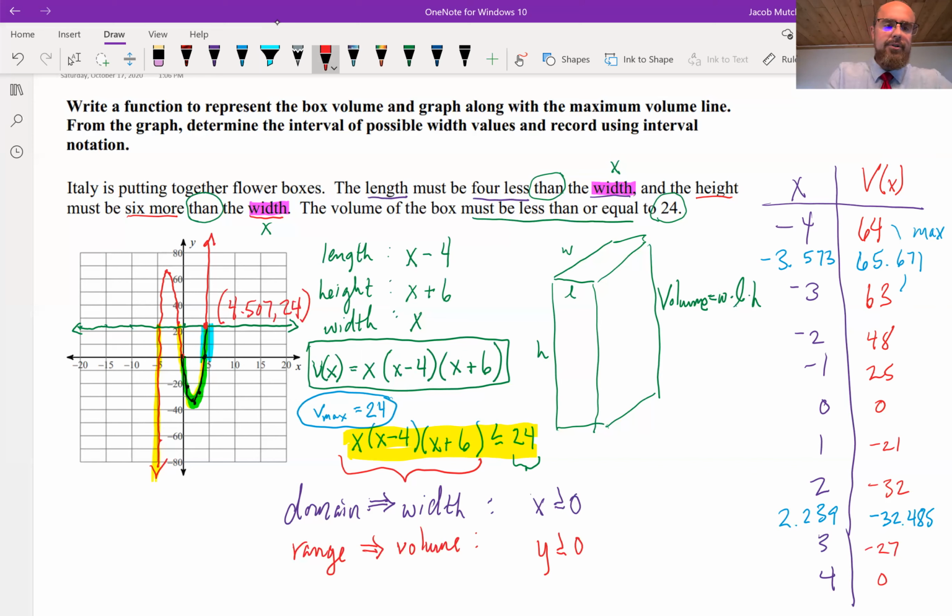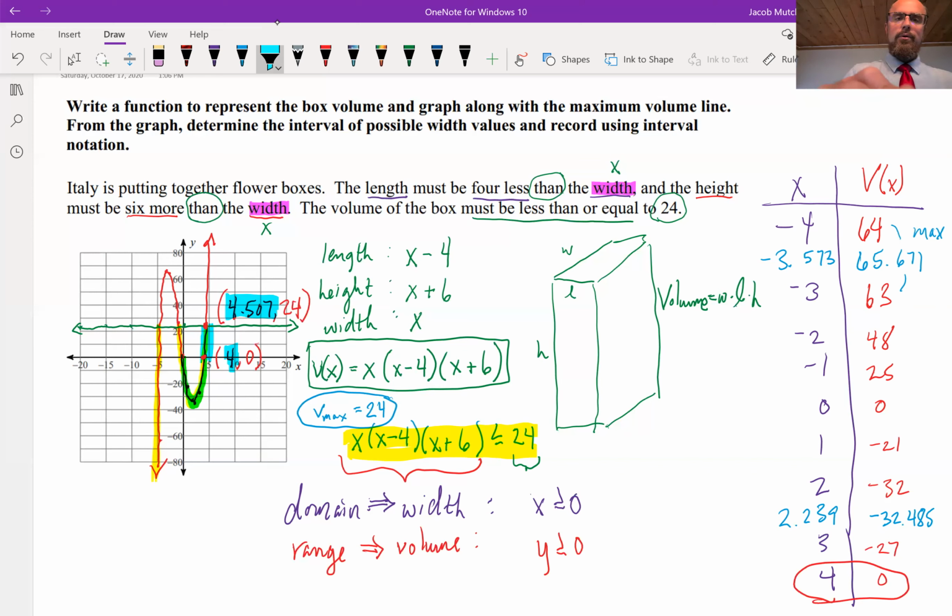And really I'm just describing, if I think about that place on the x-axis where it has the y value 0, that from our table we can see is the x value of 4. 4 has the value of 0. So to answer the question that really is the so what of this problem, what's the interval of possible width values? It's really from 4, again, we're looking at these x values, that's my width, up to 4.507.